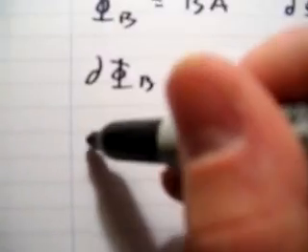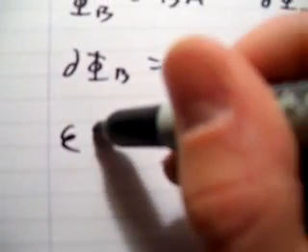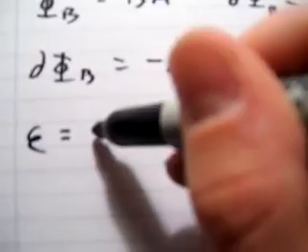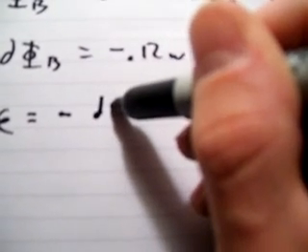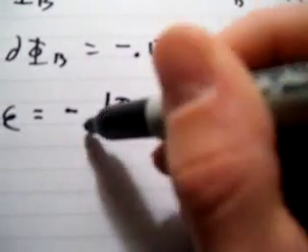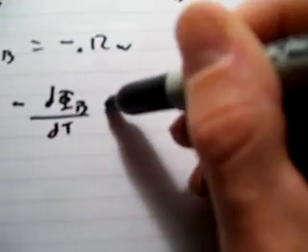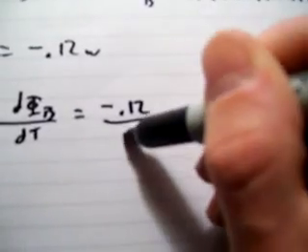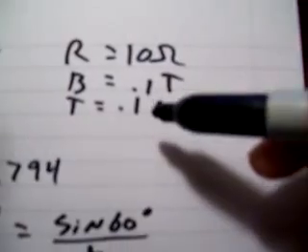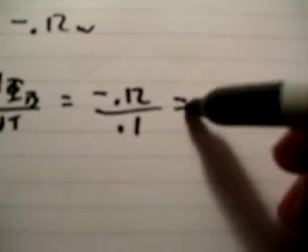And we know that an EMF, because of Faraday's law, is going to come up. It's going to be created because of this magnetic field. And that's going to equal negative the change in the flux over the change in time. So we know that the change in flux is that, and we know that the change in time, which is our time interval that we got right up here, 0.1 seconds, equals that.